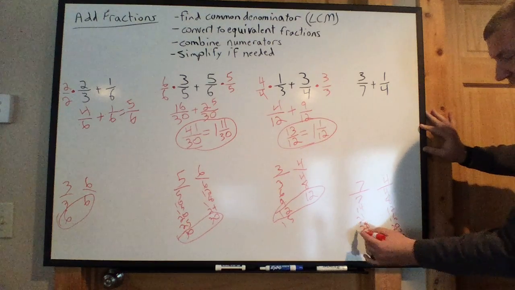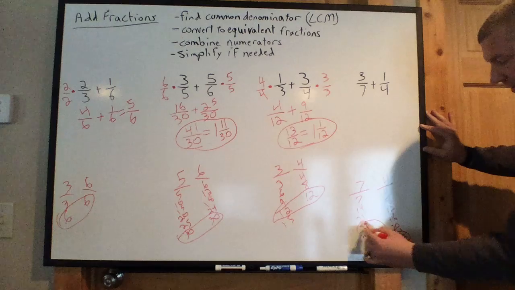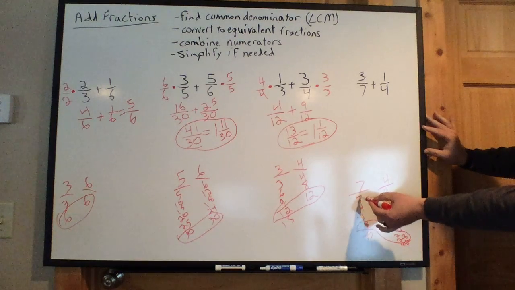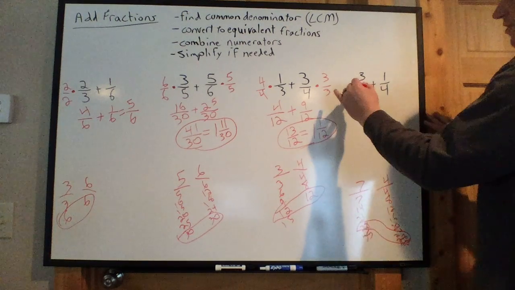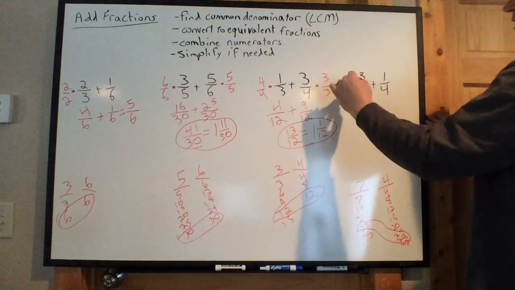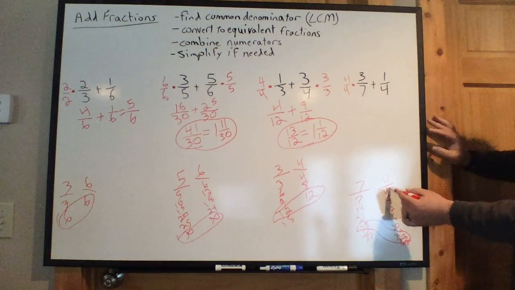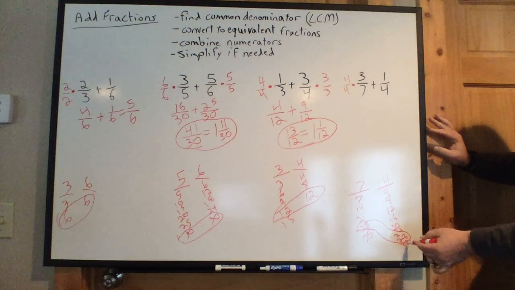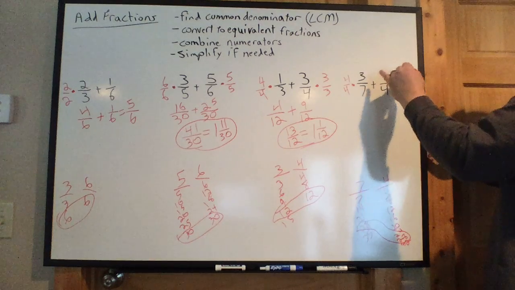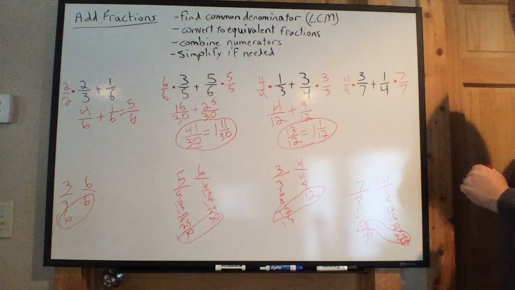Oh, we have a common number. 28 would be our common number. Now over here is the 1, 2, 3, fourth number. So we multiply by 4 over 4. And this one is the 1, 2, 3, 4, 5, 6, seventh number. So we're going to multiply by 7 over 7.